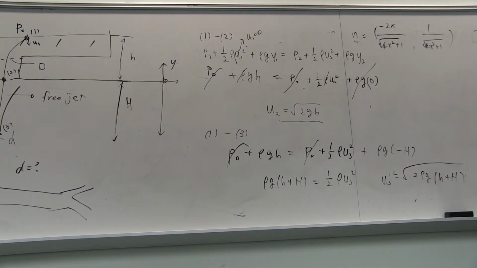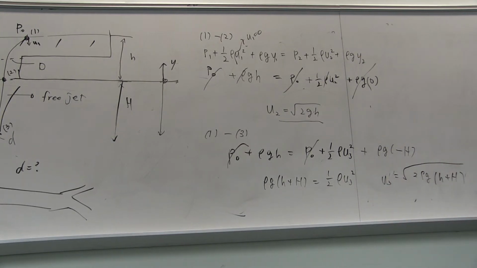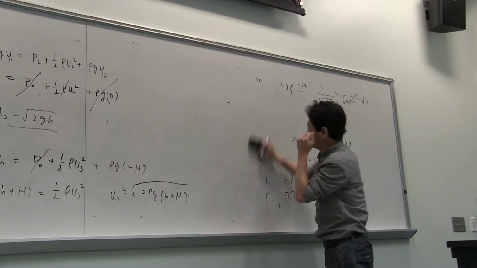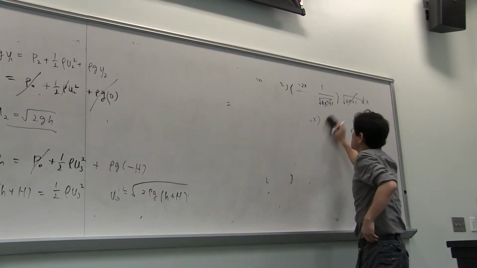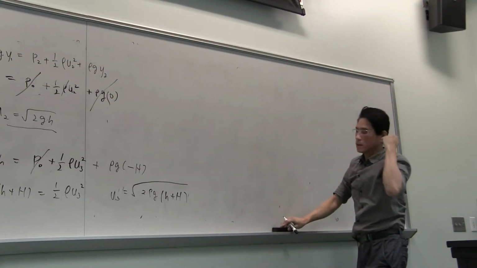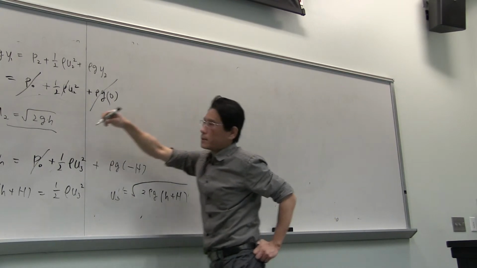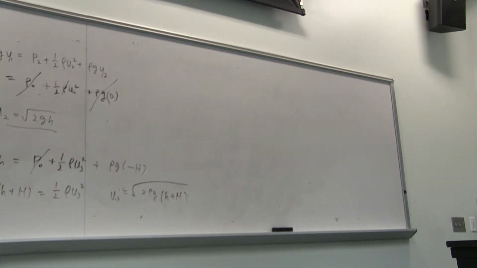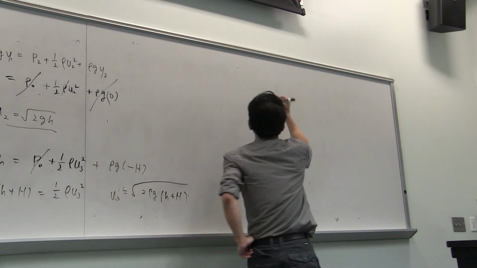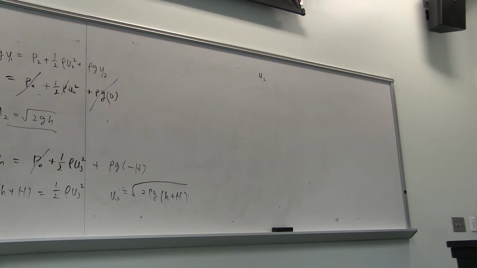Now you have the continuity equation because you're looking for the diameter, D. So looking at continuity here from 2 to 3, you have U2 and D. I think the dimension for here is given.